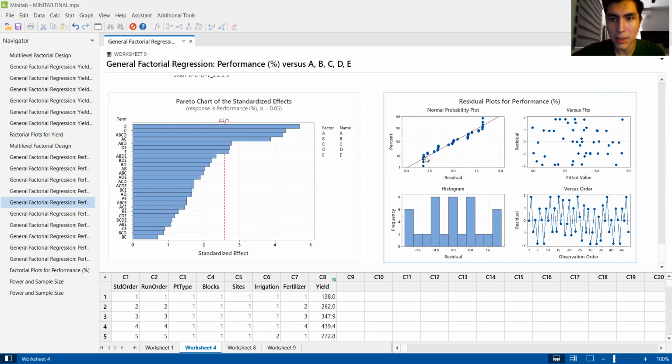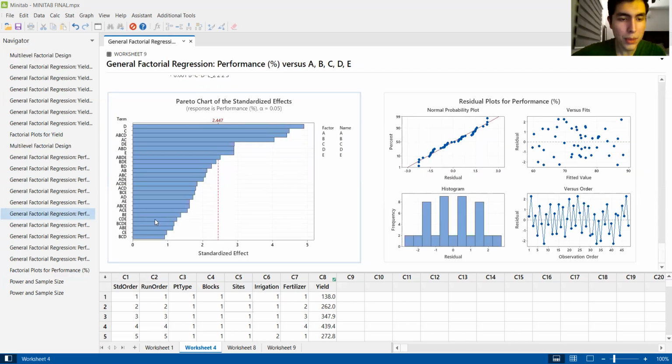The normal probability plot still has some outliers at the end and at the beginning, but it's taking more of a linear pattern than the S shape before. Versus fit, we can still see some patterns. So I did the analysis again, now taking out factors B and C.